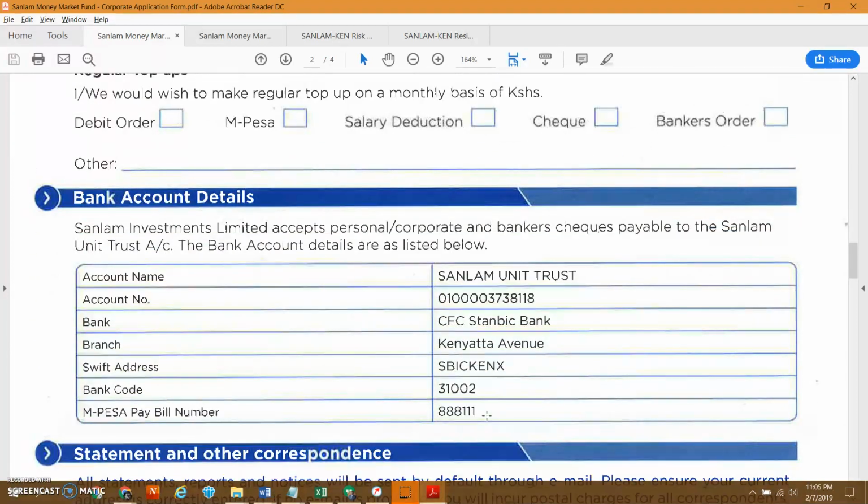Then this section of the bank account details reminds me that in the other video I didn't discuss why I personally invest with Sanlam. The reason for this is, number one, in my experience, I don't remember a day that I requested a withdrawal of funds and didn't get them within a day. Maybe it's because I bank with Stanbic, but this is something that cuts across all the people I know who have a money market fund with Sanlam.